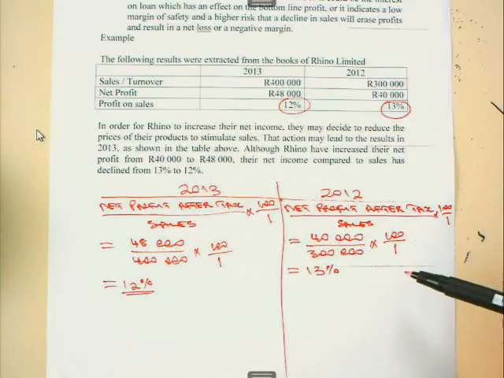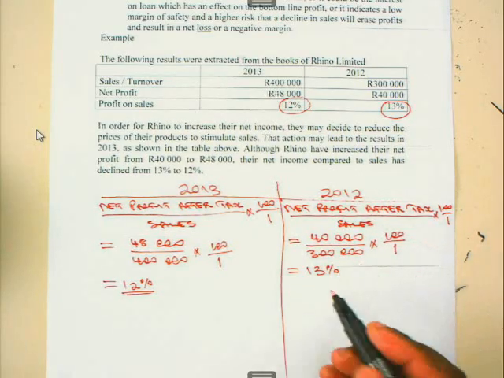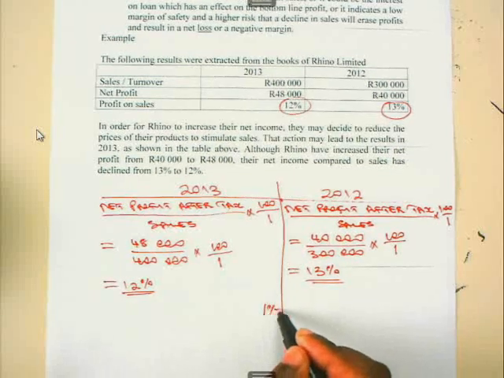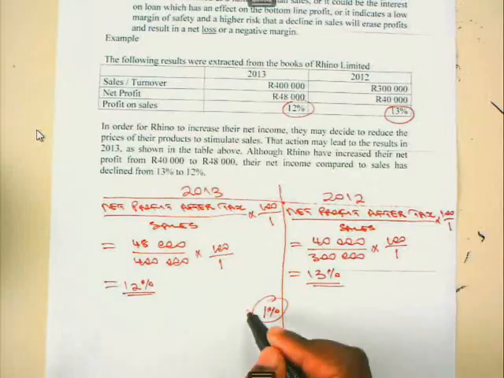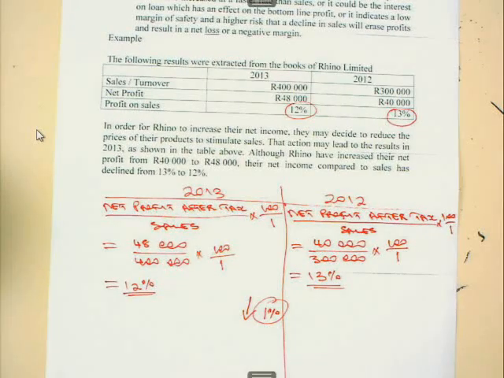Now what happened? In 2012, it was 13%. We have a slight 1% decrease.